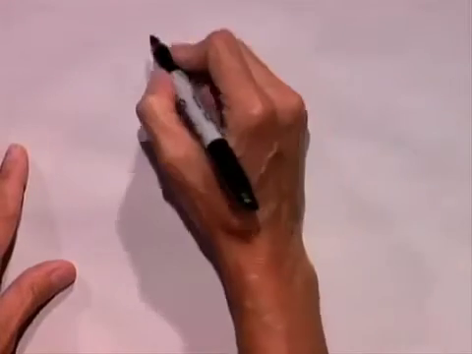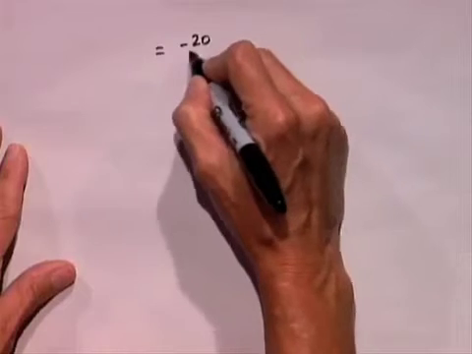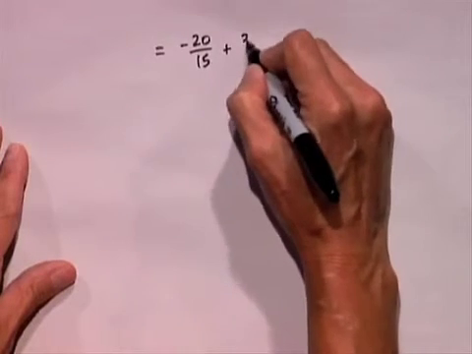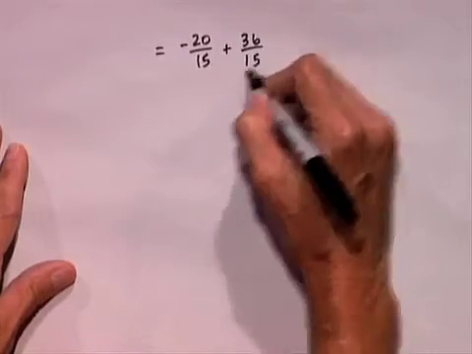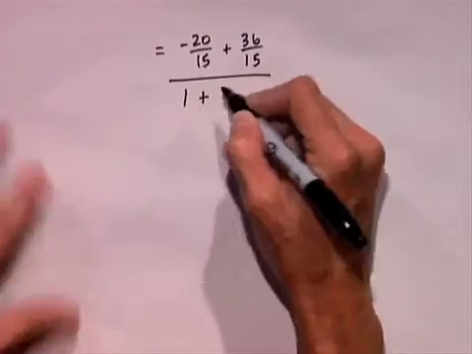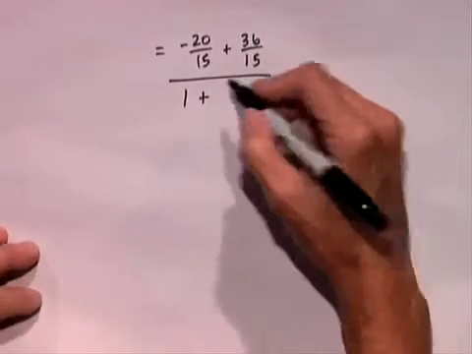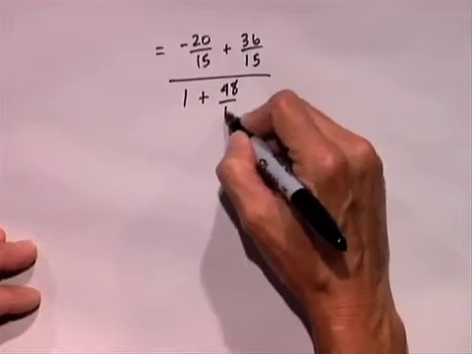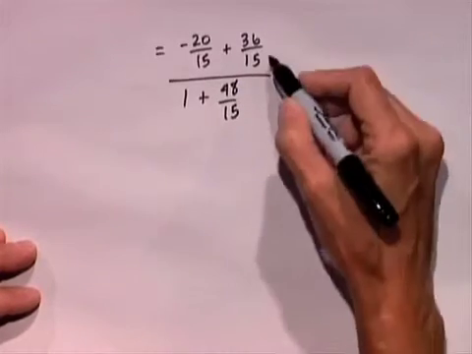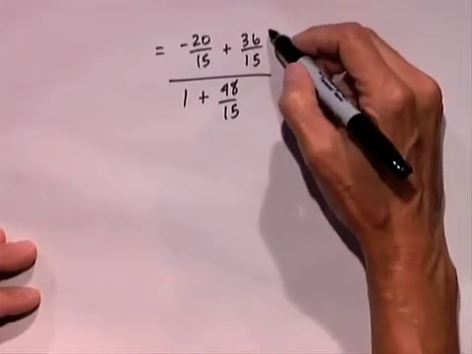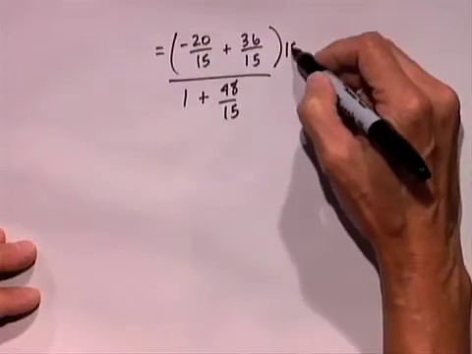What I have is negative 20 over 15 plus 36 over 15 over 1 plus 48 over 15. The common denominator of all the individual fractions is the number 15.